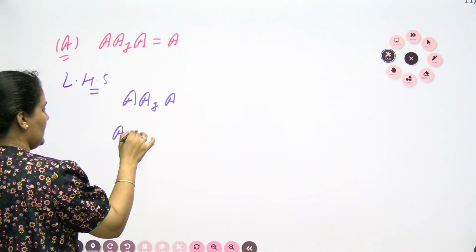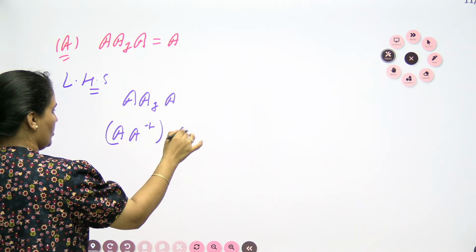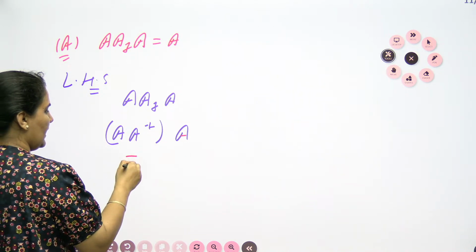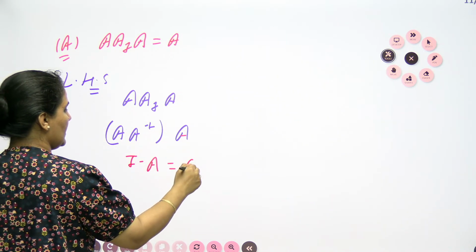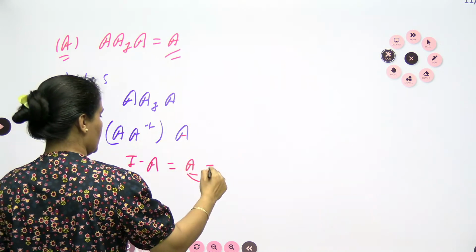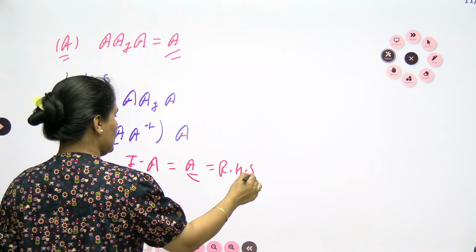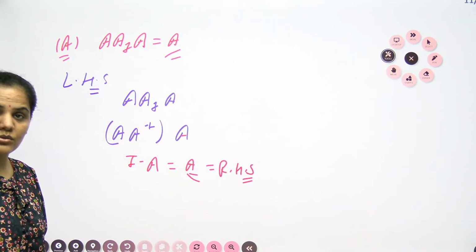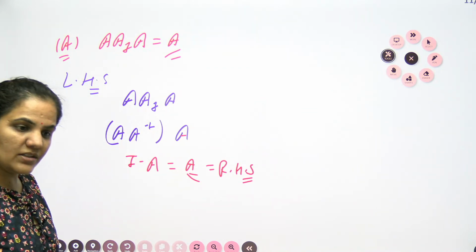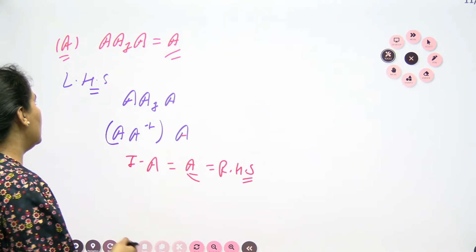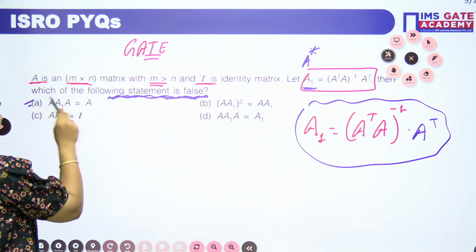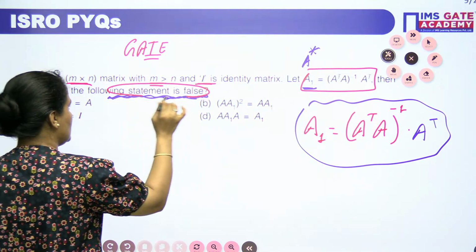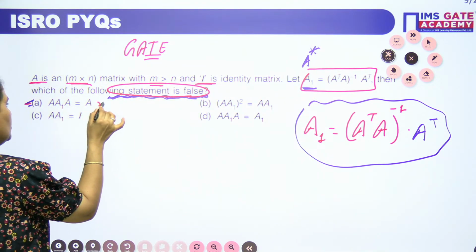So it will be A into A inverse into A. A into A inverse will be nothing but I. So I into A is A only, which is my RHS. So this is true, dear students. When it is true, we will switch to the next one, because I need to identify the false one.